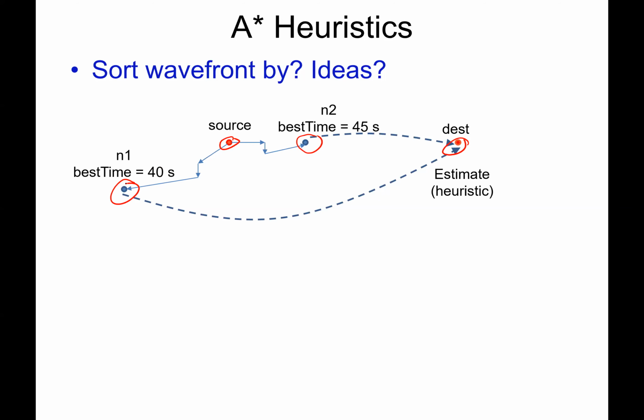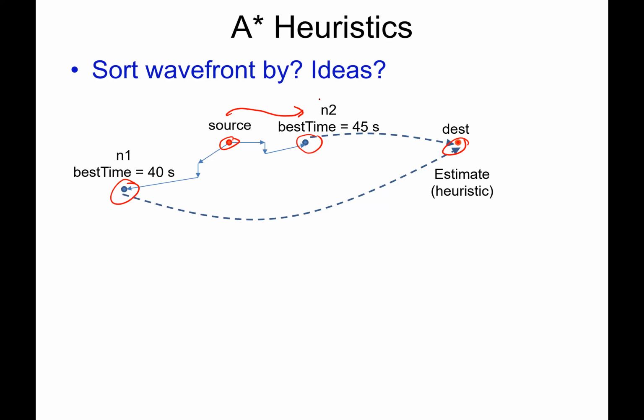If we use Dijkstra's algorithm, the next thing we'd pull off the wavefront would be N1, because it has a smaller travel time. Dijkstra's algorithm just sorts by travel time, or what we're calling best time here. But we can see that N2 is actually probably the smarter place to keep exploring from. It's got a little bit higher travel time of 45 seconds from the source to where we are now, but it's a lot closer to our destination.